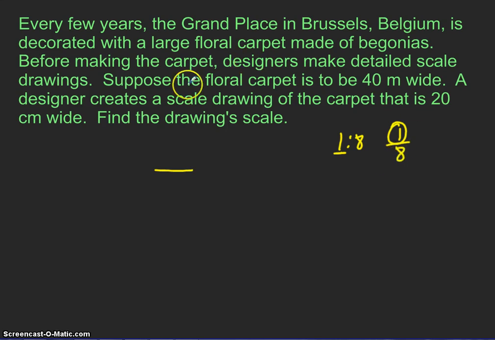So in the drawing the carpet is 20 centimeters wide. Well, that's the drawing, so that goes on top: 20 centimeters. The real thing is 40 meters, and the real thing is the bottom number. So 20 centimeters to 40 meters, I can reduce this.